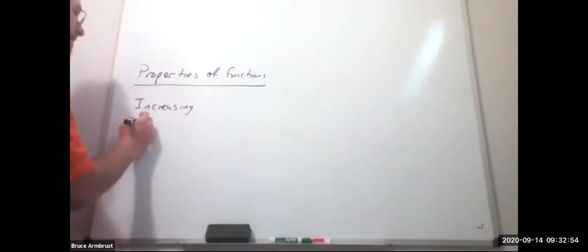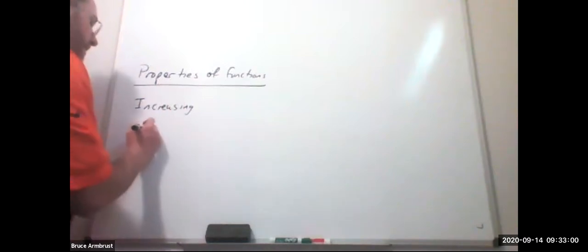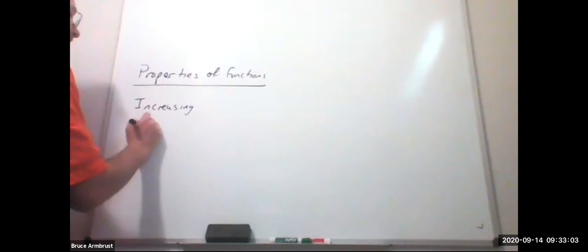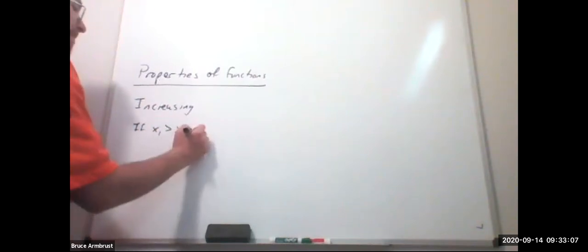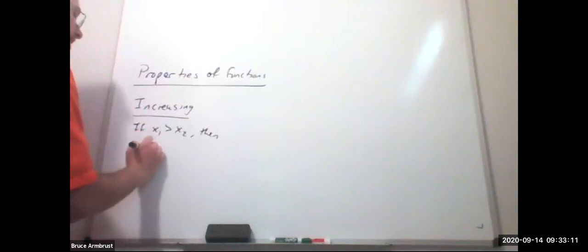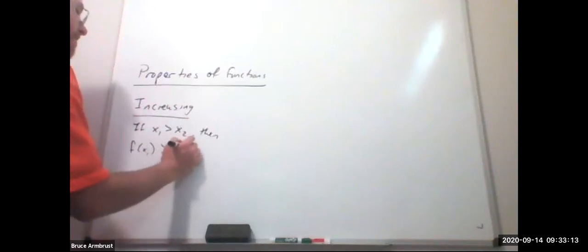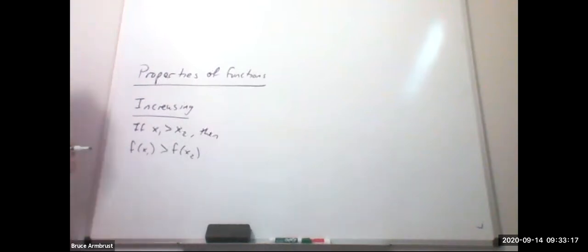It says that a function is increasing if, I'm going to give you the mathy way of doing it, we say if x1 is bigger than x2, then f of x1 is greater than f of x2. So this is how a mathematician would say that a function is increasing.